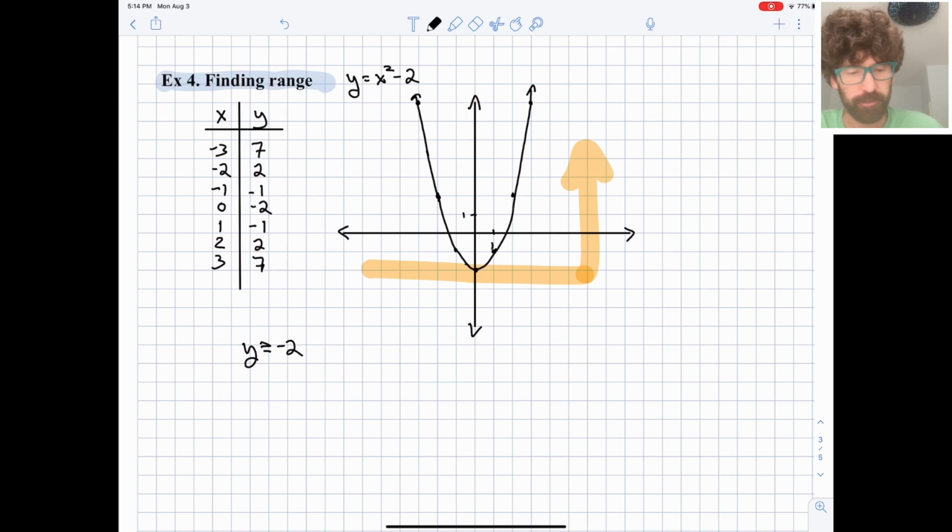The domain is x is all real numbers. Okay, x can be anything. We're allowed to plug any numbers in for x into this equation, and we will get out a y. But there are many possible y's that we will never get out, right? It's impossible to plug a number in for x into this equation and get a -3 out for y. Okay, so the range is y is greater than or equal to -2. It's a good place to stop right there.